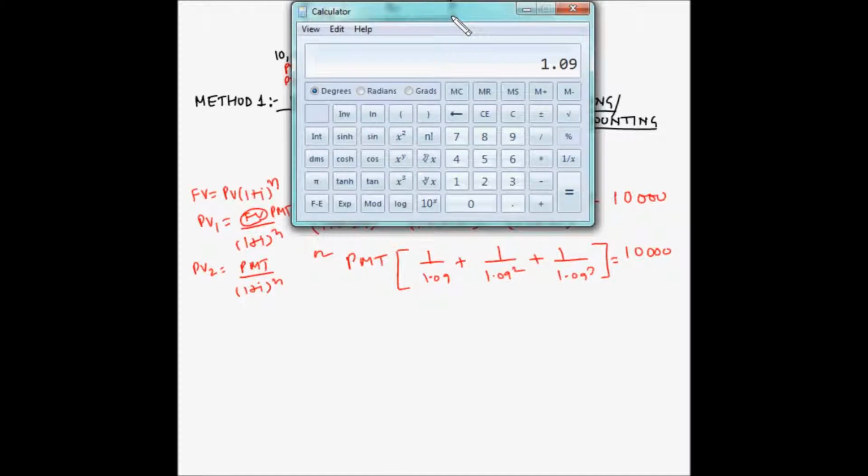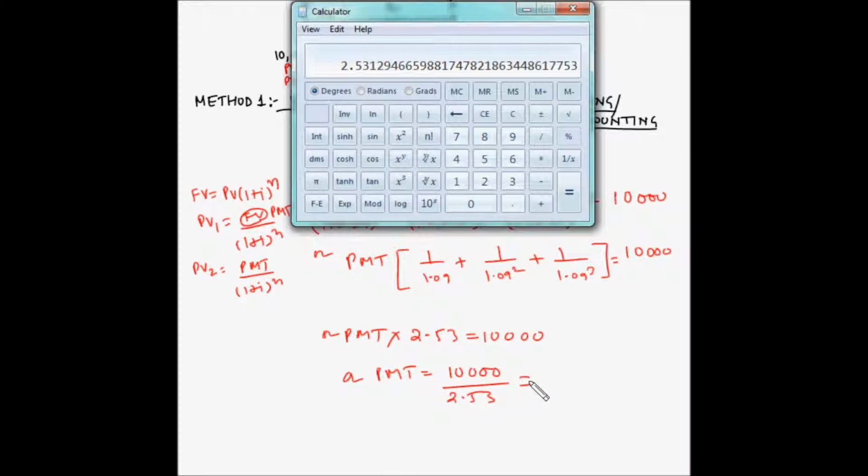So PMT into 2.53 is equal to 10,000, or PMT is equal to 10,000 divided by 2.53, which is 3952.57 rupees.